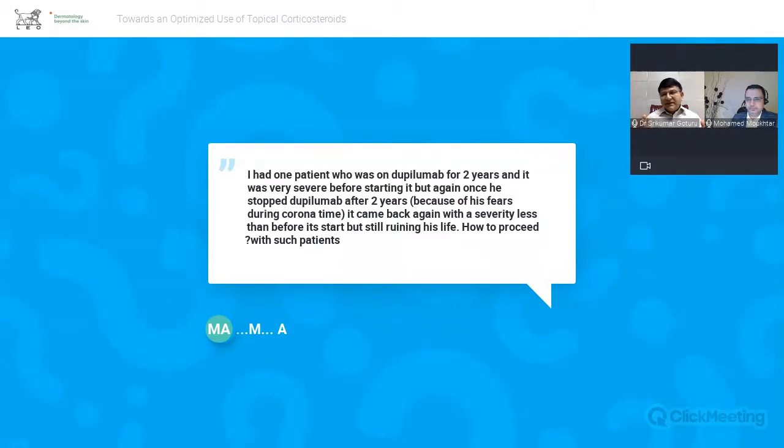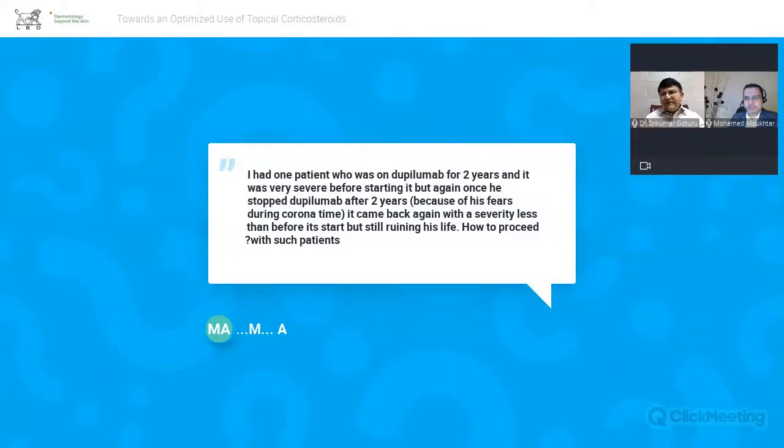So keep a file, keep your scores clearly, document the score, the EASI, the PGA, the anxiety scores, and the ADCT. And when you reach a point where the control has been lost and you feel that you need to intervene again, you can restart dupilumab.